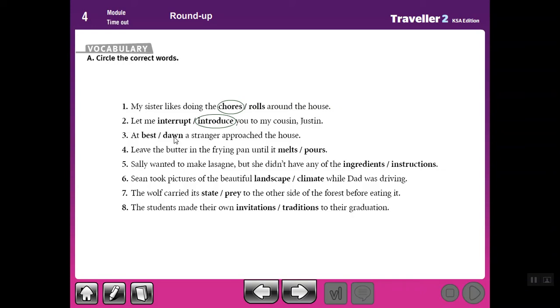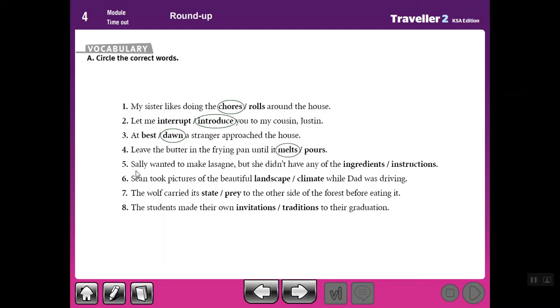Okay? الفجر. Number 4. Leave the butter in the frying pan until it melts or until it pours. Pour here means يسكب. Melts here means when a substance changes from a solid form into a liquid. Here you are talking about the butter in the frying pan, it melts.